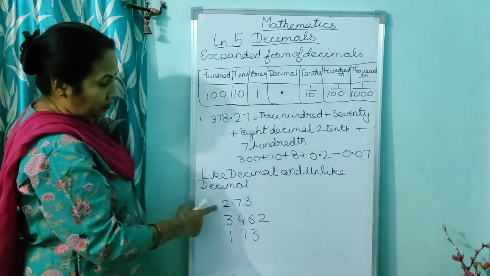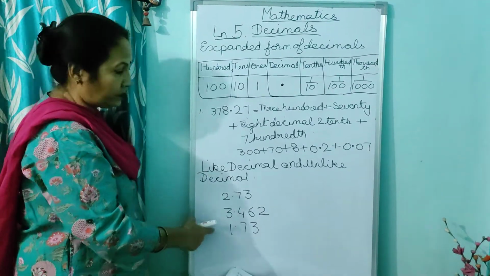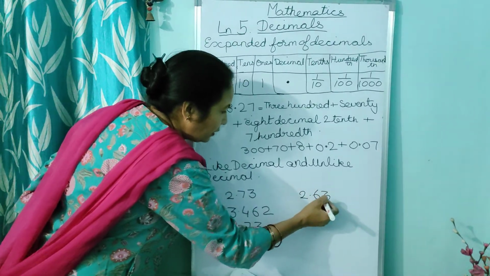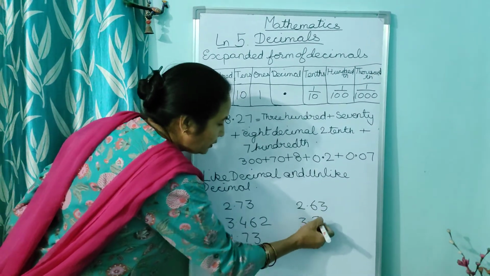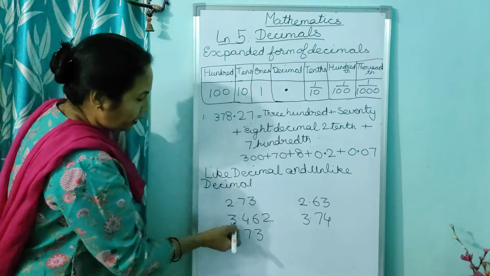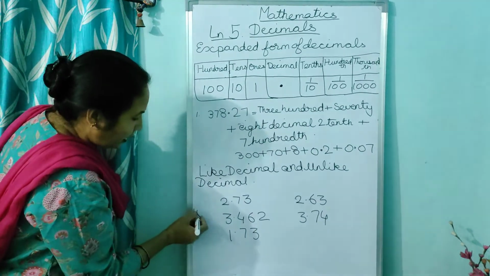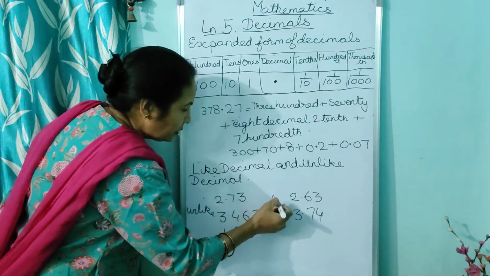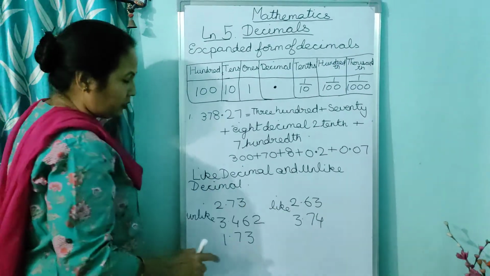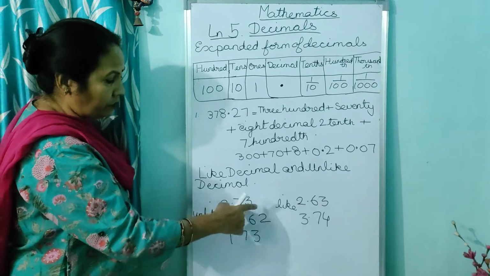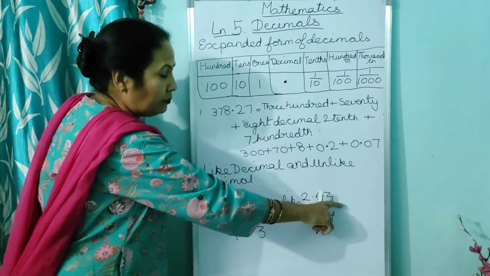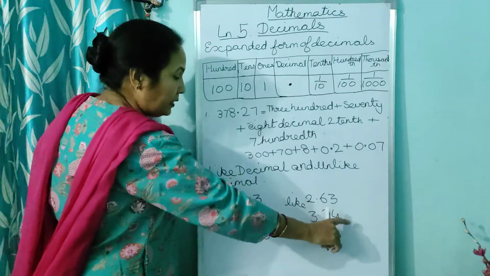Children, these are unlike decimals, and here you have 2.63 and 3.74. So what are these? They are like decimals. Why? Because here you don't have the same number of decimal places, and here you have the same decimal places.